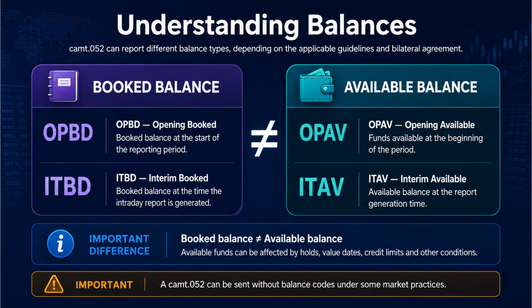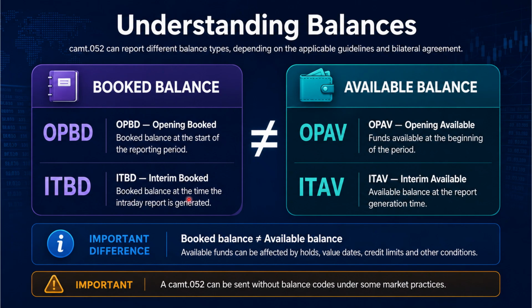Understanding balances. camt.052 can report different balance types, depending on the applicable guidelines and bilateral agreement. OPBD means opening booked. It represents the booked balance at the beginning of the reporting period. OPAV means opening available. It represents the funds available at the beginning of the period. ITBD means interim booked.